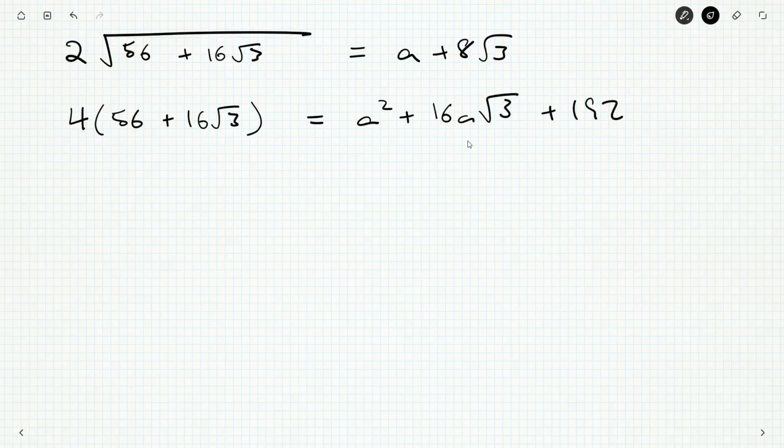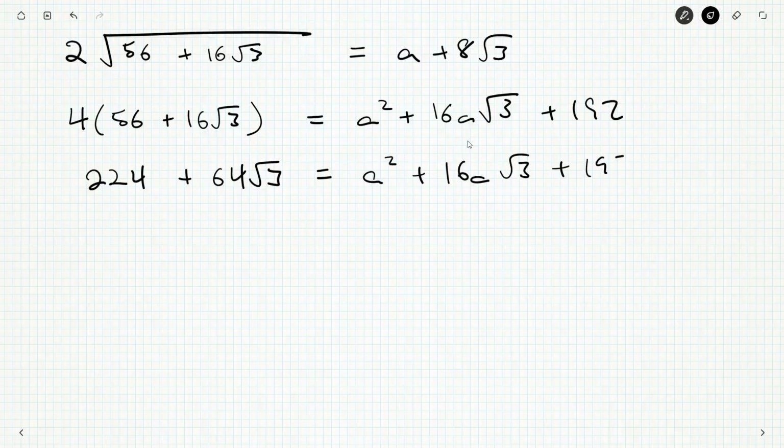We have to cancel out this 8 root 3 here. 4 times 56 is 4 times 50 is 200. 4 times 6 is 24. So this is 224 plus 64 root 3 is a squared plus 16a root 3 plus 192.